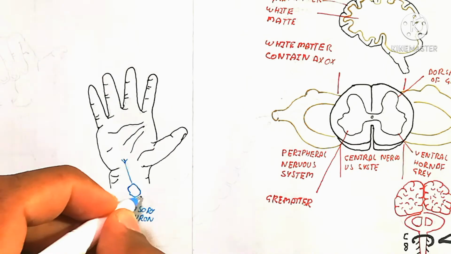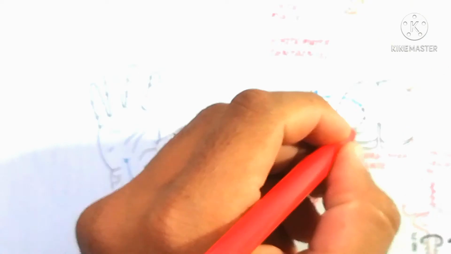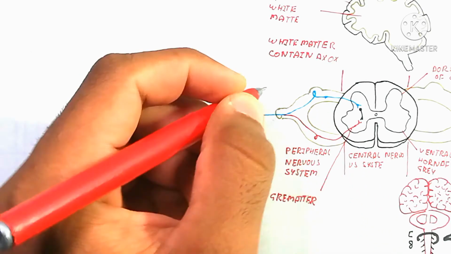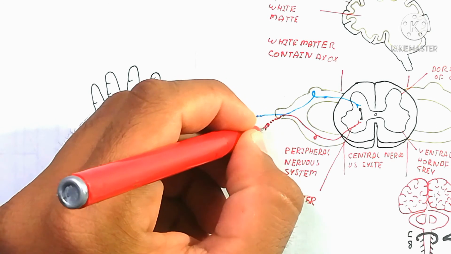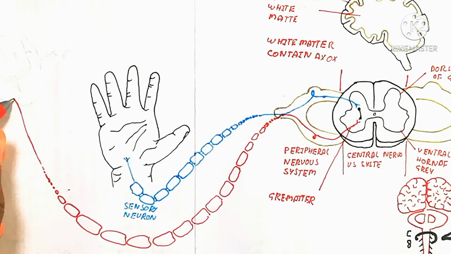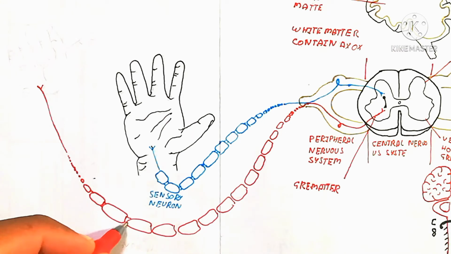So here I draw a hand which contains a sensory neuron which gives the signal toward the gray matter, from the dorsal horn, to go back by the motor neuron to the ventral horn of the gray matter, to the ventral nerves, ventral ganglion.